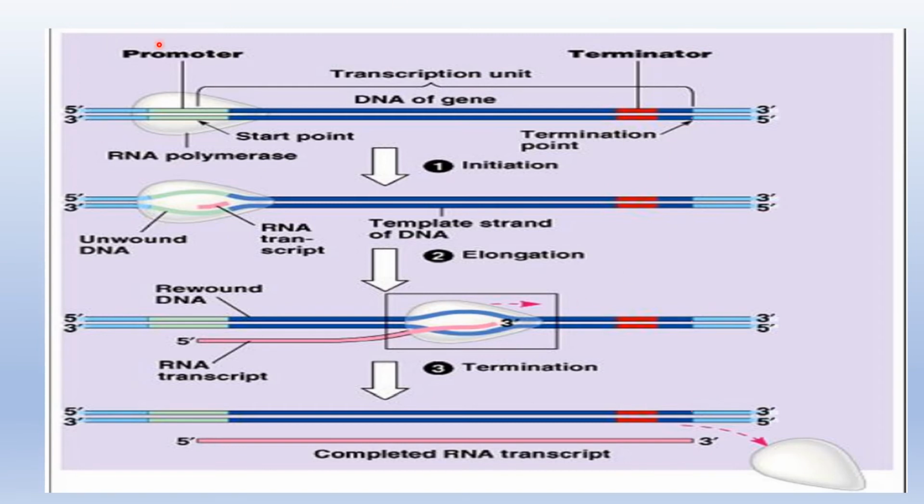See, this is the promoter site and this is the termination site. RNA polymerase attaches to the promoter site at the time of initiation, and if it crosses this termination site, then termination will occur and the mRNA strand is complete and it detaches from the DNA.